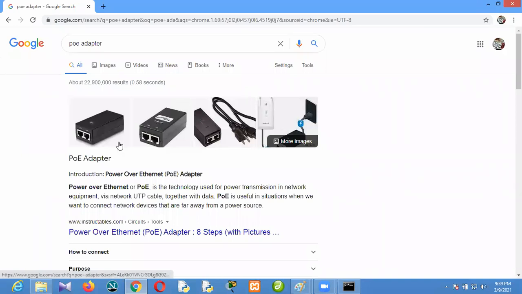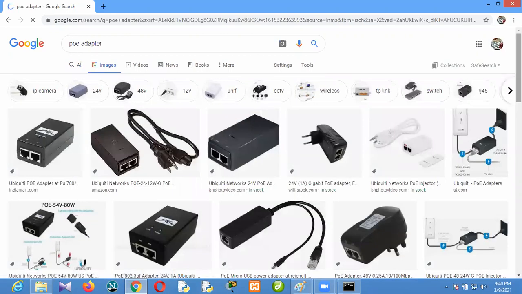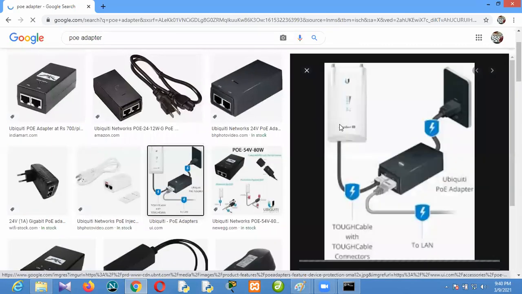Okay, now the adapter, this is the PoE adapter, the picture of it. It looks like this. So one end goes to the switch, and one end goes to your PD. See the power cable that powers the PoE adapter. They use this one on a radio.